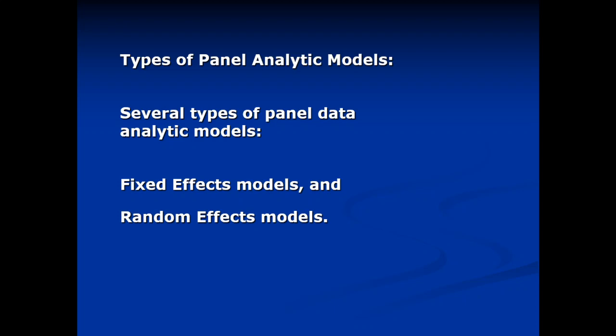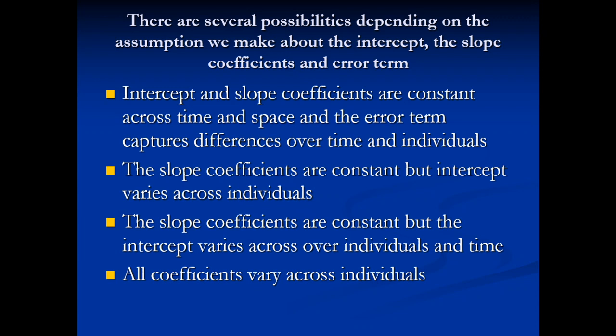And how do you model this? There are two types of panel analytical models. One is the fixed effects model and the second is the random effects model. Let us first study the fixed effects model. Even in the fixed effects model, there are several possibilities. The possibilities depend on the assumption that we make about the intercept and the slope coefficients.